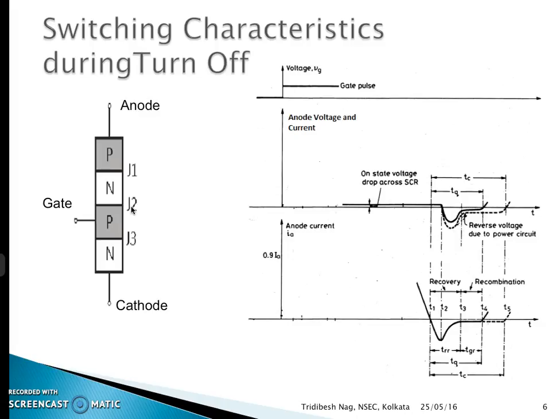The time for the recombination of charges between T3 and T4 is called the gate recovery time and is denoted by TGR. At the instant T4, junction J2 recovers and the forward voltage can be reapplied between the anode and cathode.